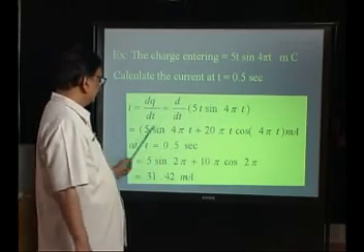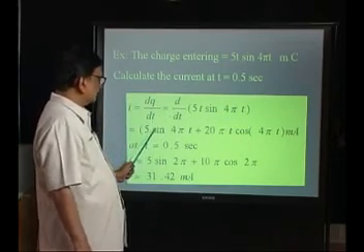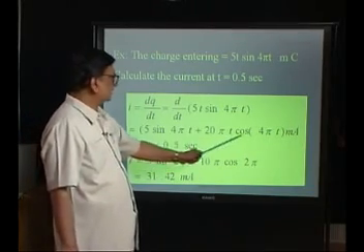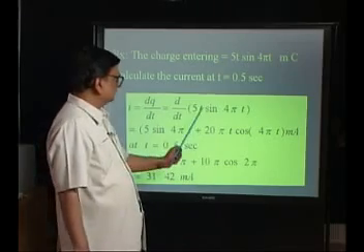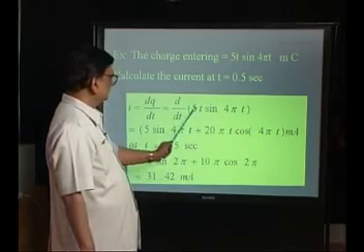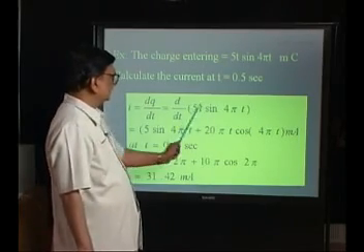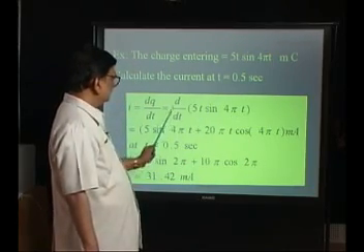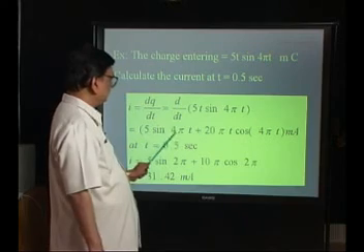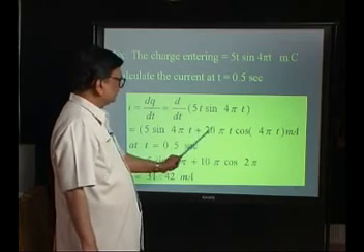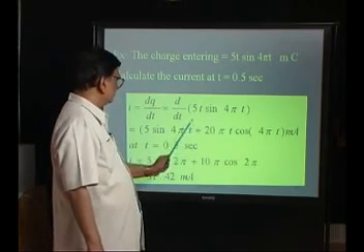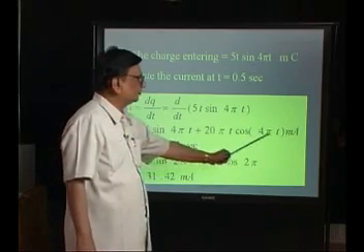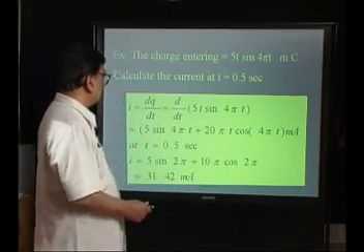So, this is a constant, it came out, and then we have 5π sin 4π t plus 20π t cos 4π t. We are differentiating first this term, and then the next term. The differential of the first term is 5π sin 4π t, and the differential of the next is 4 × 5π t × cos 4π t milliamperes.